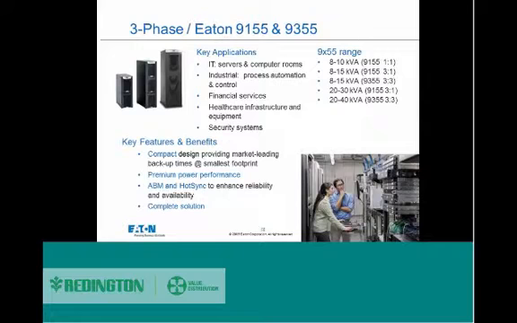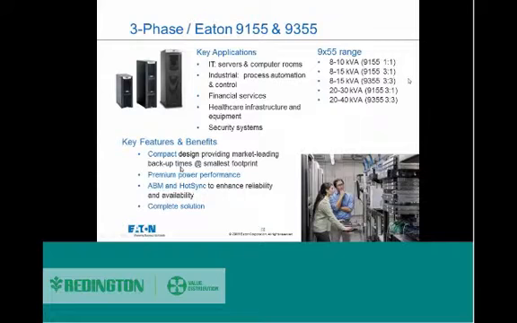The first model of three-phase is the 9155 or the 9355. As you can see in the description over here, it ranges from 8 until 40 kVA, and the model also changes here. 9155 has 8 to 10 kVA from single phase to single phase, while the other models are three-phase to single phase. 9355 is only three-phase models.